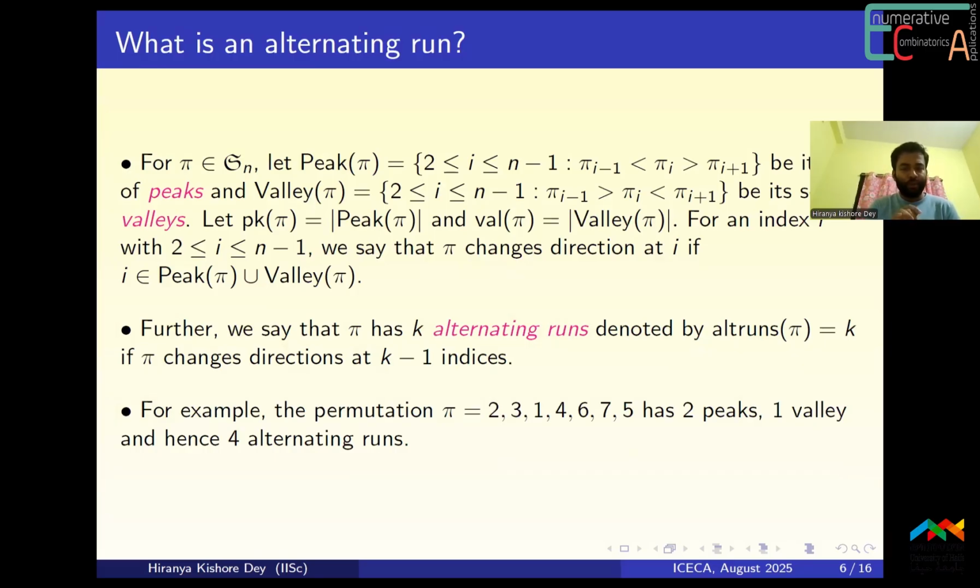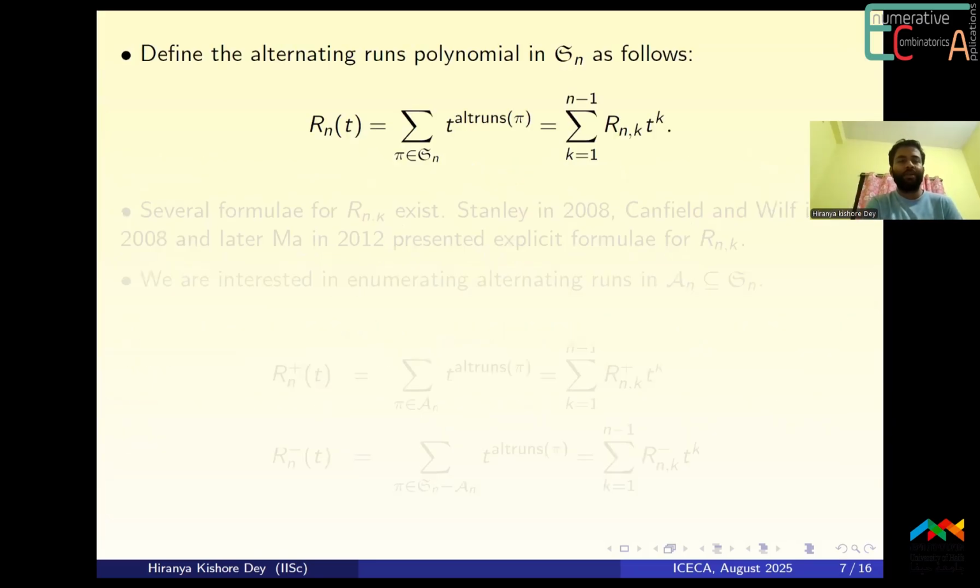There are exactly two peaks, namely 2 and 6, because pi 2 is 3, which is greater than 2 and 1, and pi 6 is 7, which is greater than 6 and 5. And there is exactly one valley: pi 3 is 1, which is less than pi 2 and pi 4. So if one draws it, there are 4 runs. So it has 4 alternating runs.